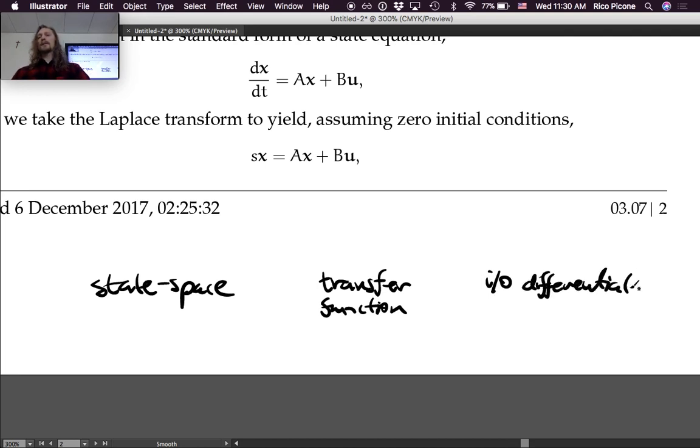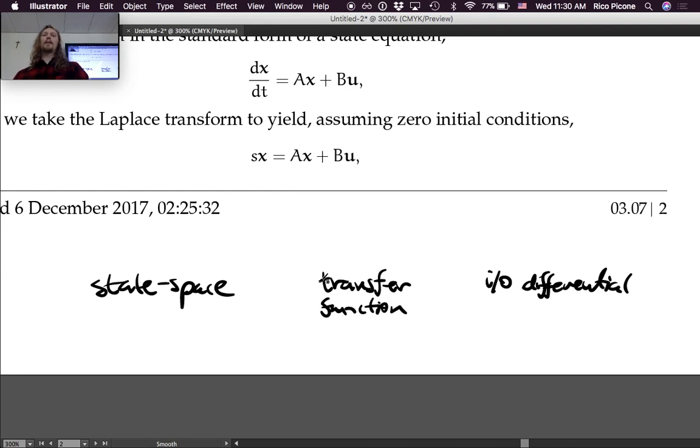So three mathematical representations for a system, and these are three of the four most important. Okay, so we've almost seen all of the most important mathematical models now.